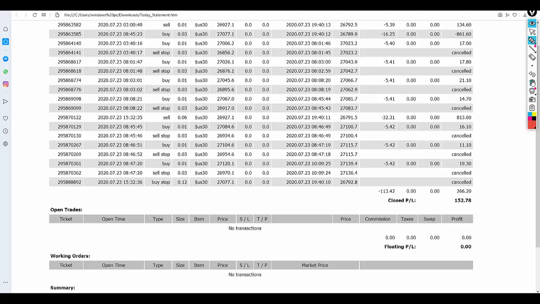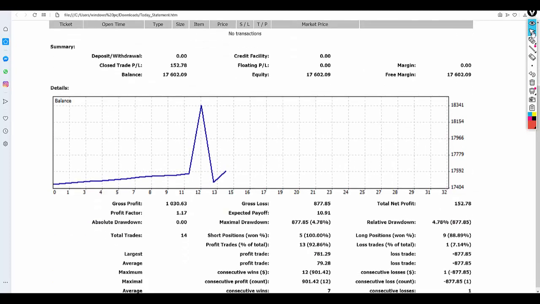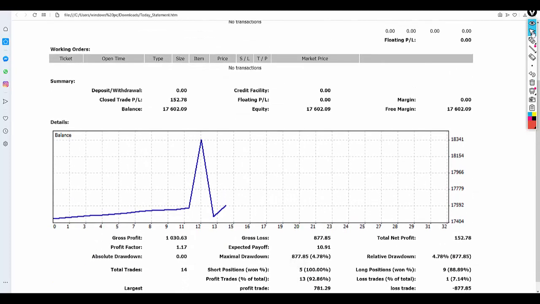Now, how much do we have in this account? This is not where I'm going, but I just want to show you something. This is what I have in this account as at tonight, with the addition of 152, which we made today.